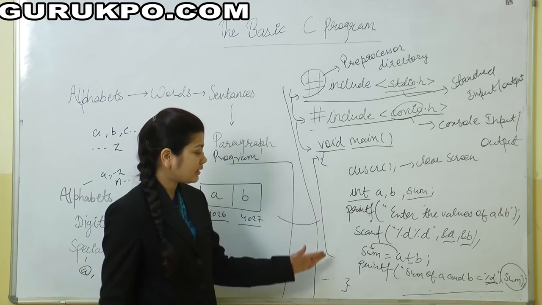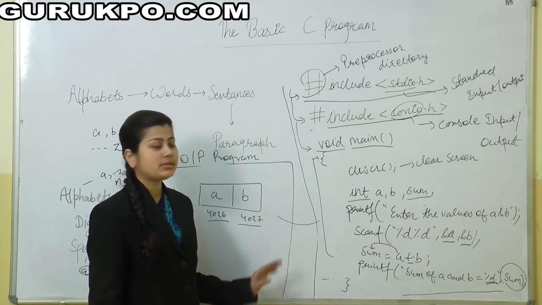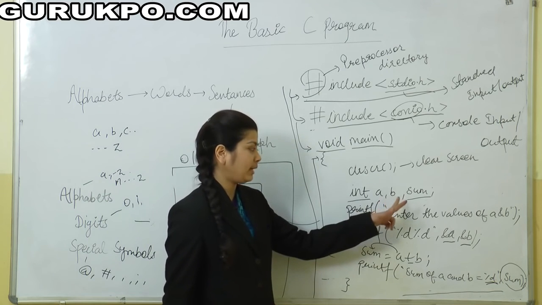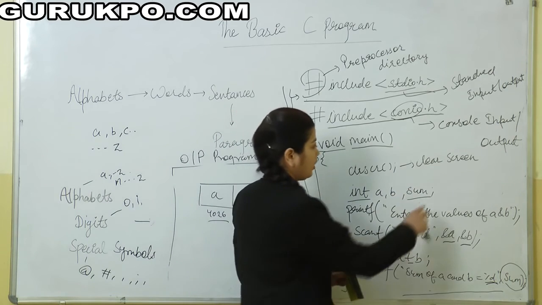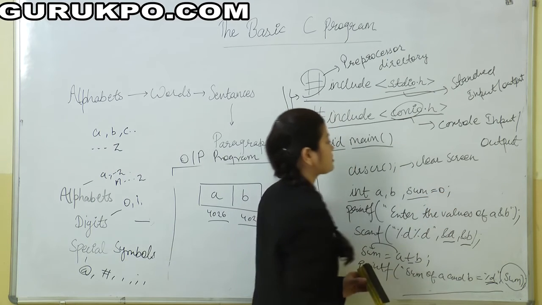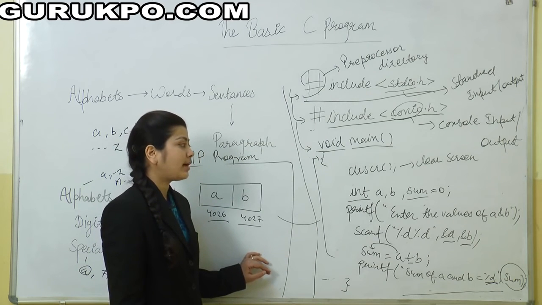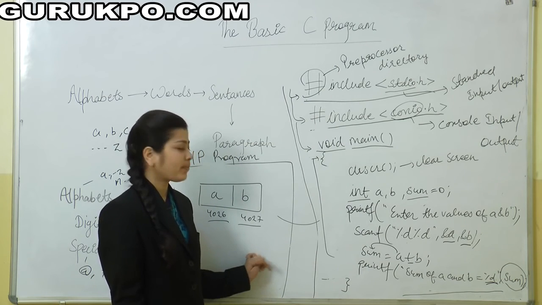So this is the basic simple C program to display the sum of two variables, in which we use two variables a and b and another variable sum. If we want, we can initialize sum equal to 0, because at the start the sum is 0.